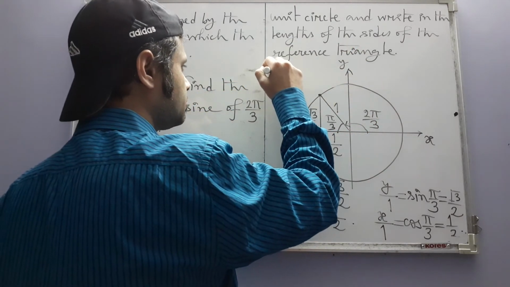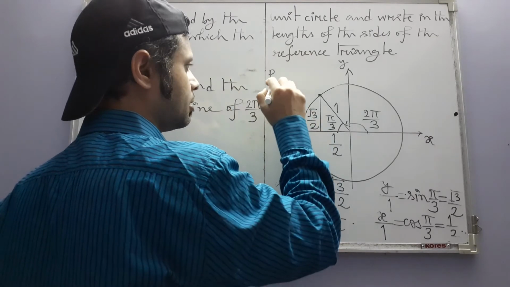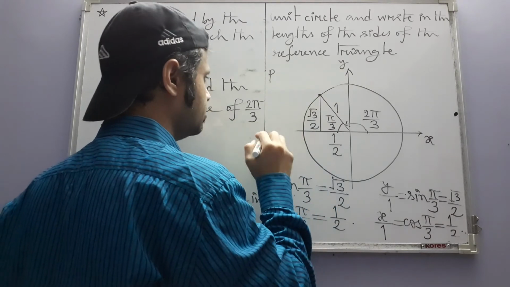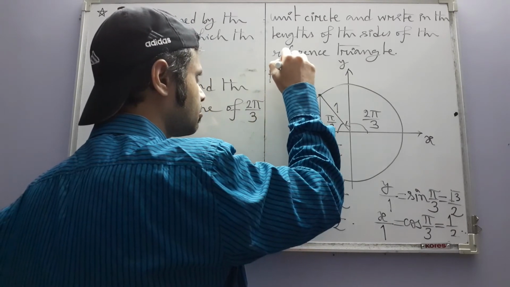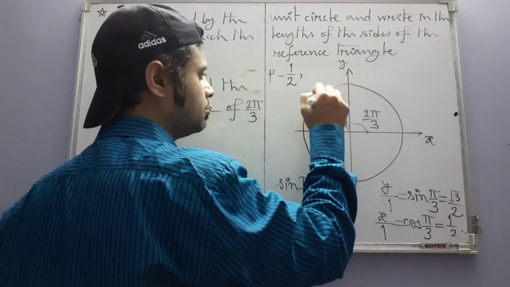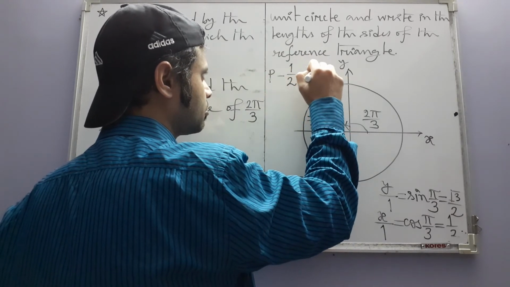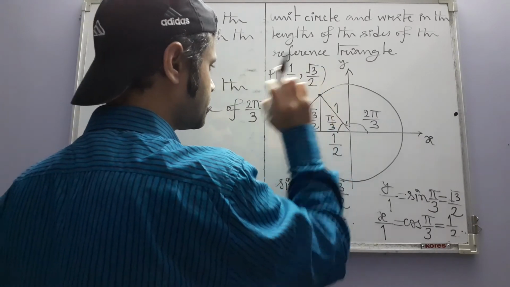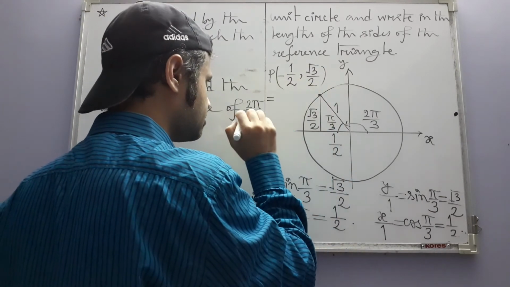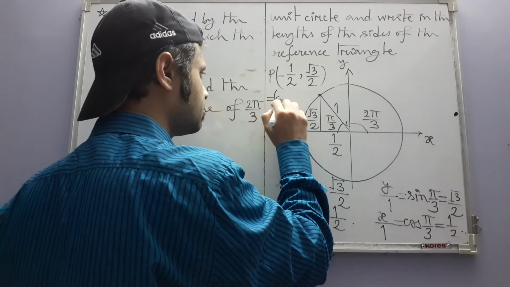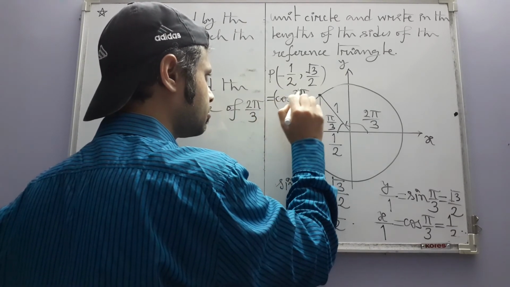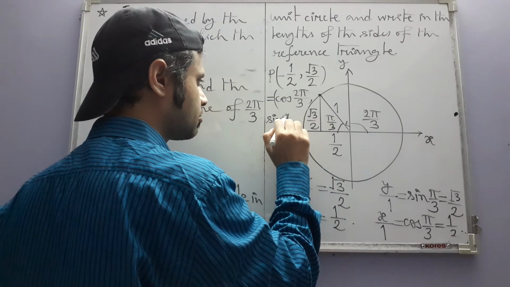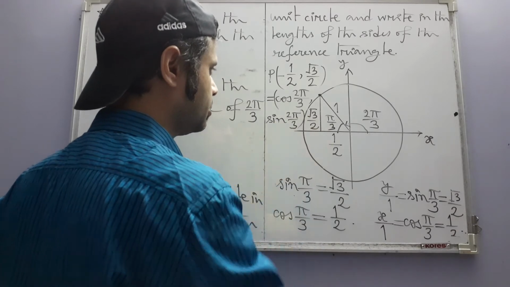So our coordinate values are these: minus 1 over 2 and root 3 over 2. So this is the x coordinate and this is the y coordinate, and that is why this is cos 2 pi divided by 3 and this one is sine 2 pi divided by 3.